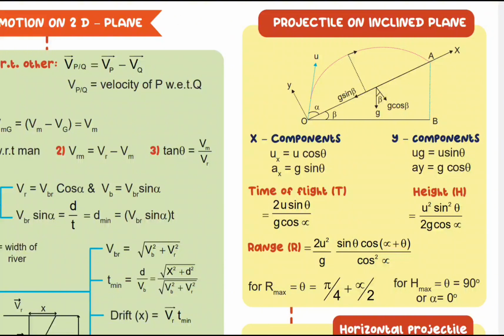Range is equal to 2u square by g into sin theta cos (alpha plus theta) divided by cos square alpha. For maximum range, theta equal to pi by 4 plus alpha by 2. For maximum height, theta equal to 90 degrees or alpha equal to 0 degrees.